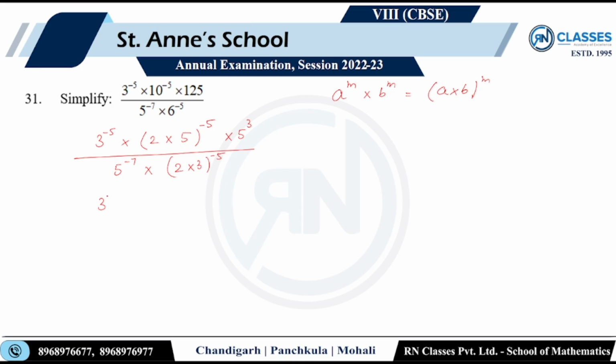So this becomes 3 raised to the power minus 5 into 2 raised to the power minus 5 into 5 raised to the power minus 5 into 5 raised to the power 3.